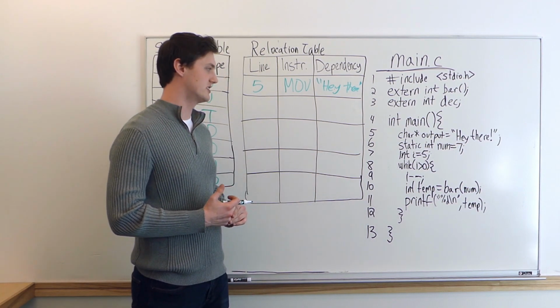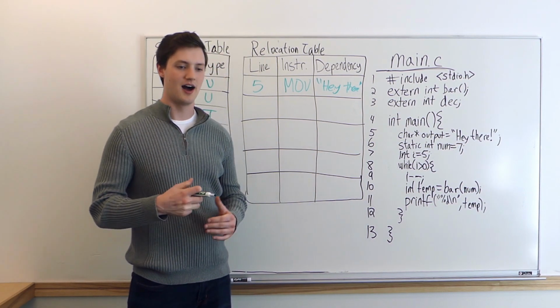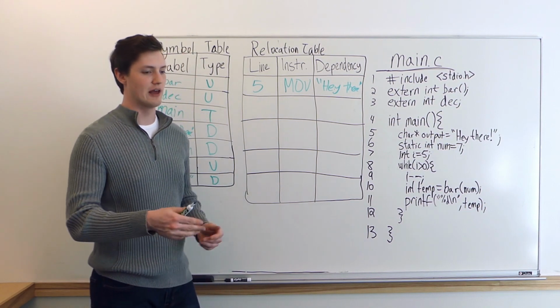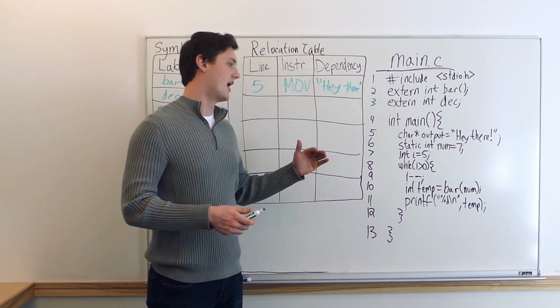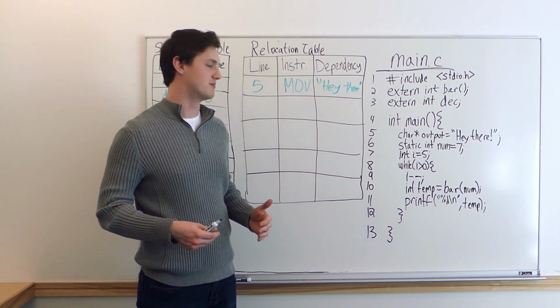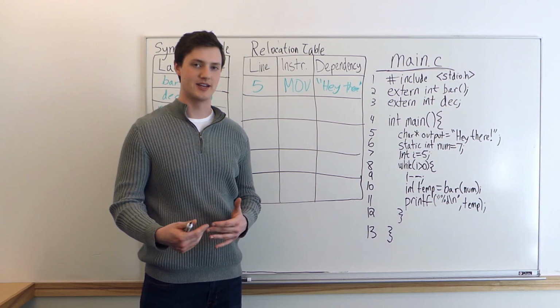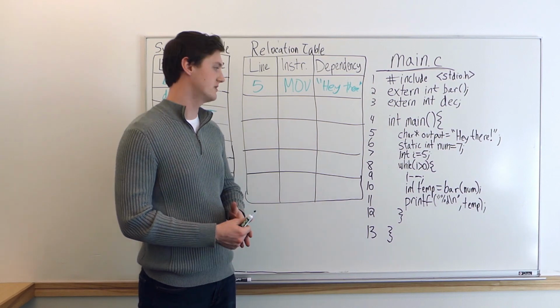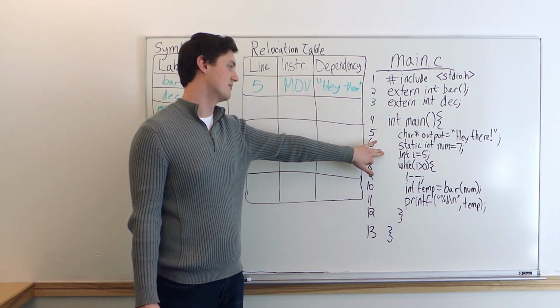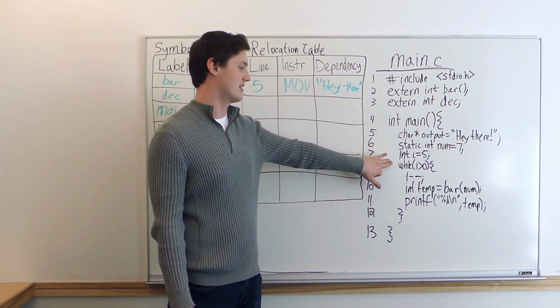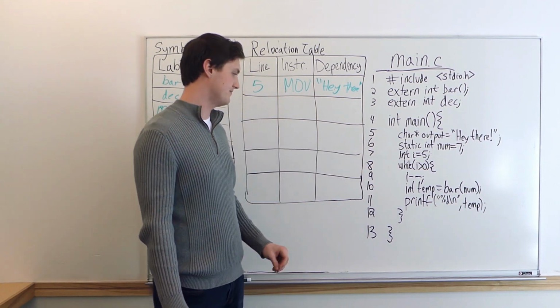Since we're setting static int num equal to 7 on its initialization, this is something that would happen before the program even runs, so we wouldn't have to worry about it in the linking process. It's in the initialization. And then we see int i equals 5, again a stack variable, don't have to worry about it. And the same with lines 7 and 8, just something on the stack.